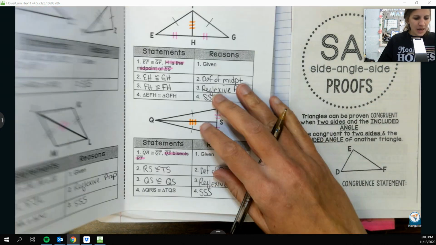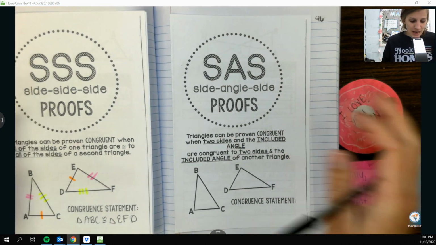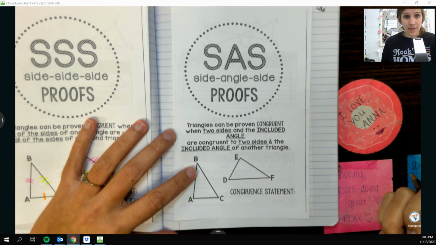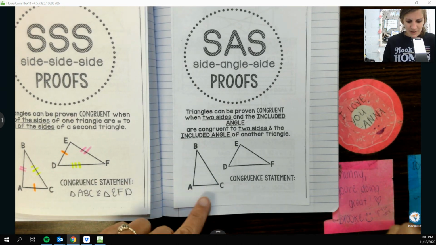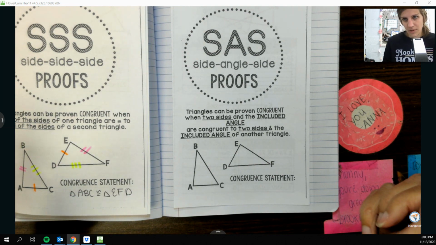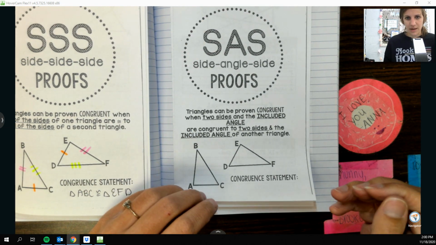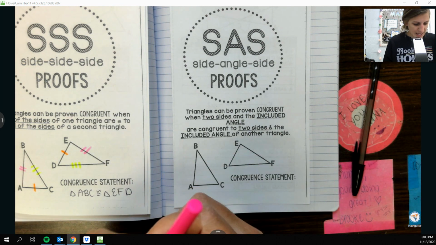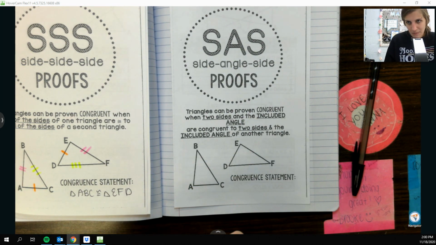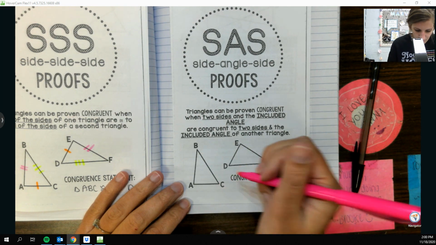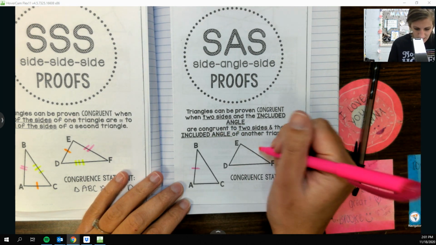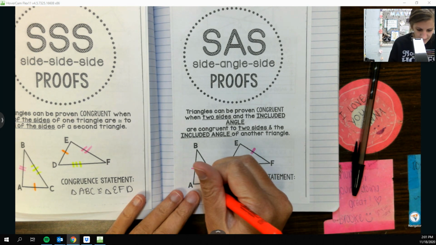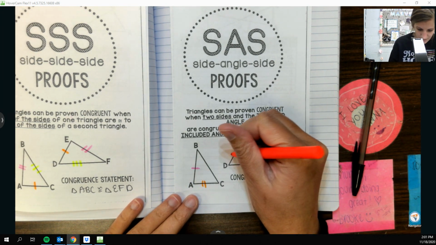Okay. Now, we can also do side angle side proofs, doing the same thing. The front picture here is the same. It's our congruent statement. But this will be two sides and the angle in between. Let's mark it. So, for example, we might have that AB is congruent to EF, and then AC is congruent to ED.